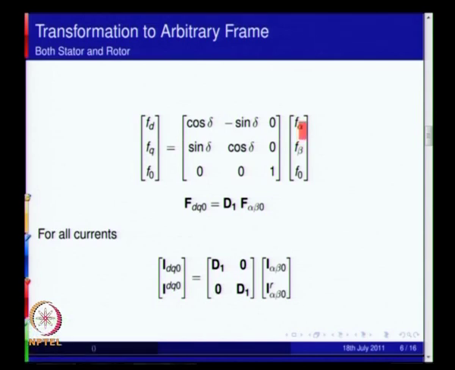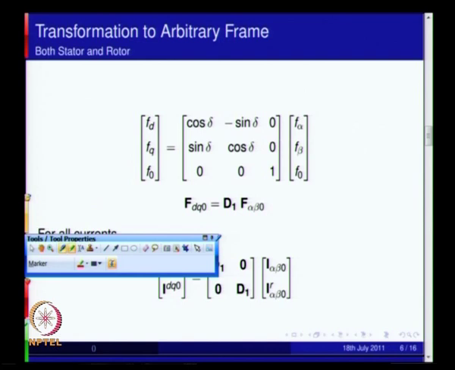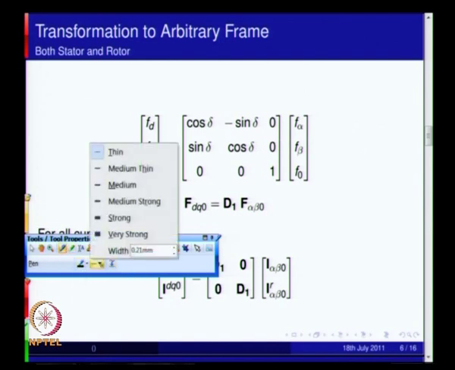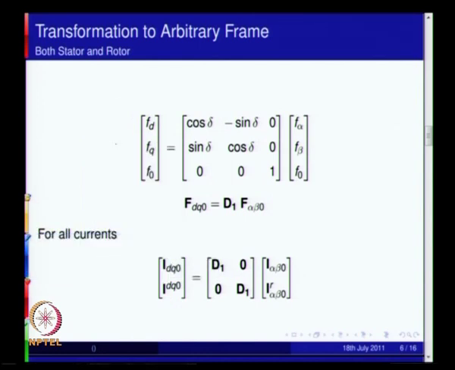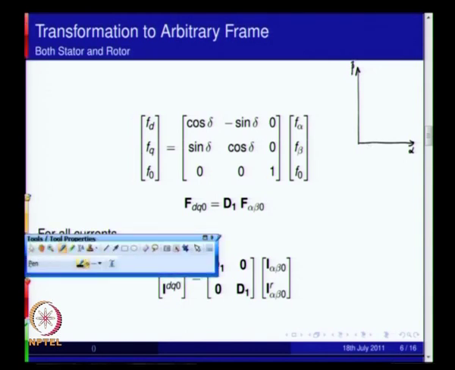You now transform these variables alpha, beta, 0. Now these are stator variables, where you now have the stator axis alpha and beta, and then further you define another set of axes which is really rotating with respect to time.